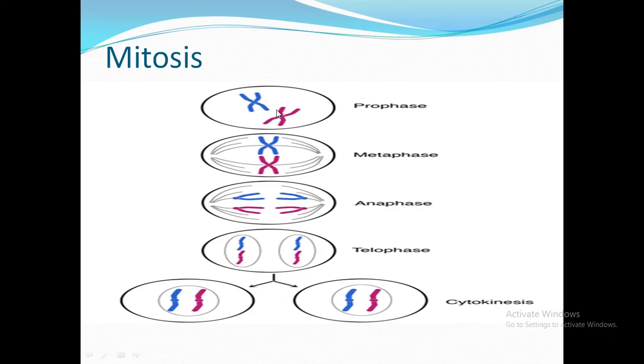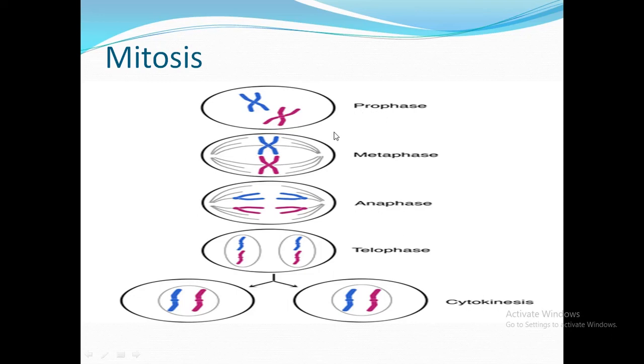So during prophase, the cell organelles disappear, the nuclear membrane disappears, the centrioles start moving to opposite poles, and the chromatin condenses to form chromosomes. These are the events occurring during prophase.